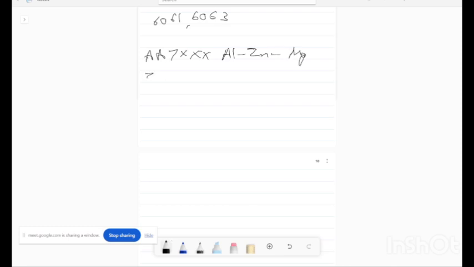So the ratio between zinc and magnesium is kept 5:2 to 7:1, and the precipitation sequence follows the supersaturated solution, then GP zone, then eta prime, then eta, which has the composition of Mg2Zn.